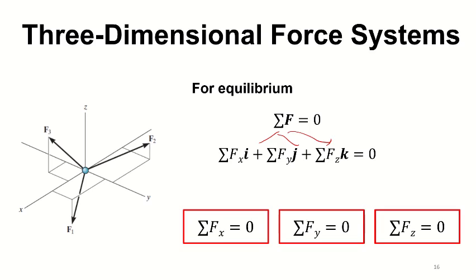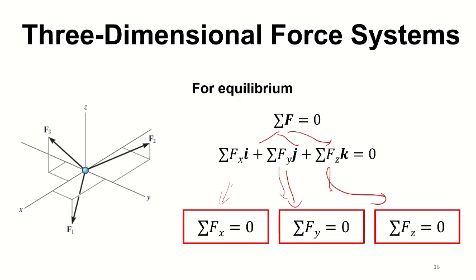If this equation is to be satisfied, each of these components should be equal to 0, which means the algebraic summation of the forces in the x direction should be equal to 0, the algebraic summation of the forces in the y direction should be equal to 0, and the algebraic summation of forces in the z direction should be equal to 0, right?